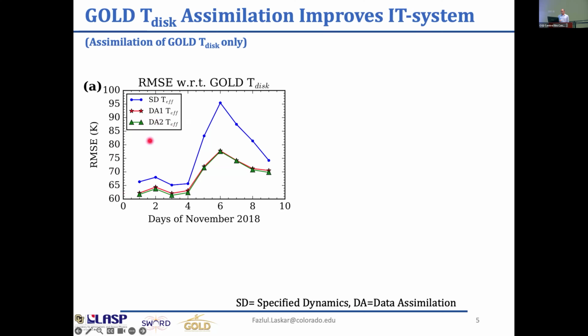But then we compare that specified dynamics with 2 of the data assimilation runs, DA1 and DA2. The difference between them is DA1 only adjusts the temperature, and DA2 adjusts the thermosphere plus ionosphere also. So what we see is both the DA runs provide better RMS errors in T-disk compared to the specified dynamics runs.